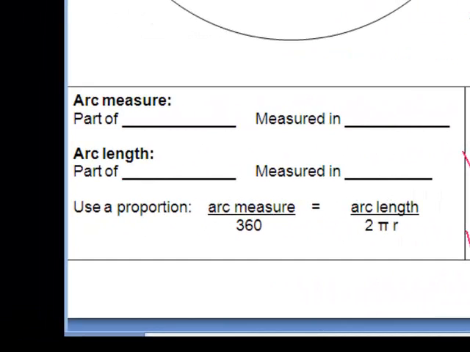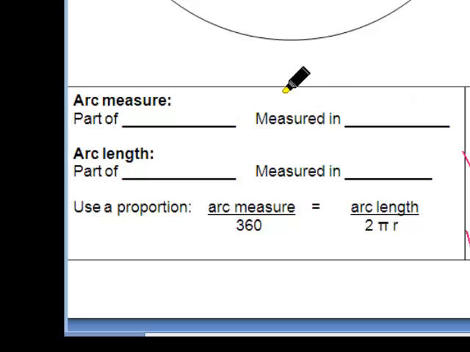Alright, now off to the side, this is where the real money comes in. Most of the stuff has been vocabulary, and that's really all it is, until we get a little bit further into arcs and angles. But this part is going to have a little bit of math in it. You need to know that there's 2 ways to measure an arc. One of them we call arc measure, and that's the kind I just talked about, where the semicircle was 180 degrees.